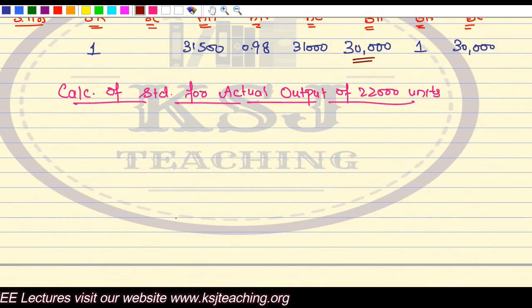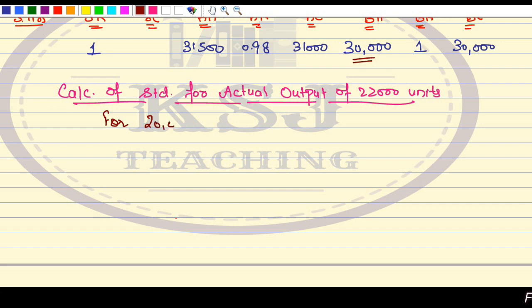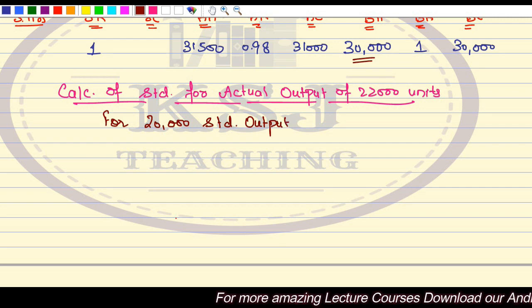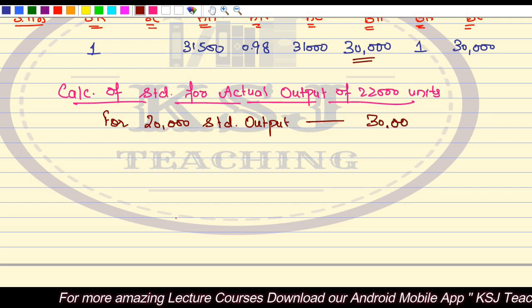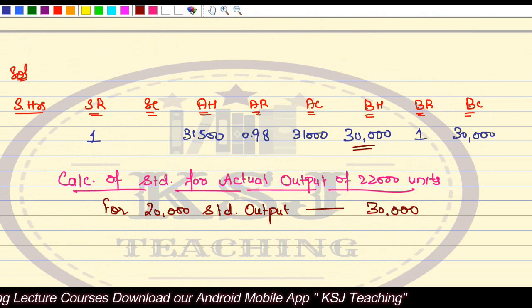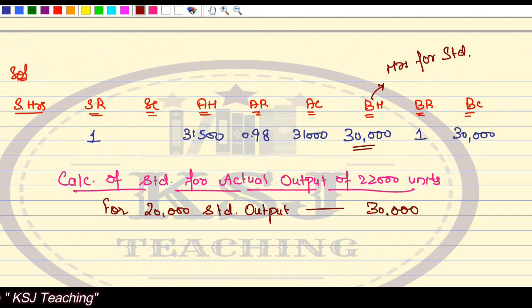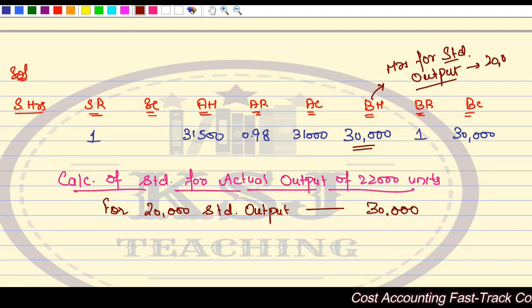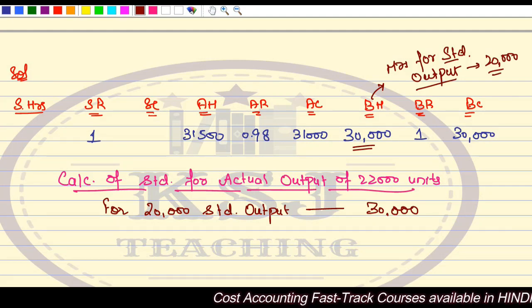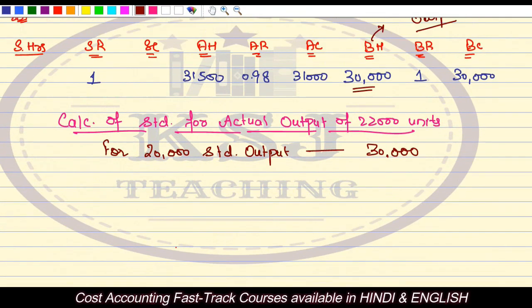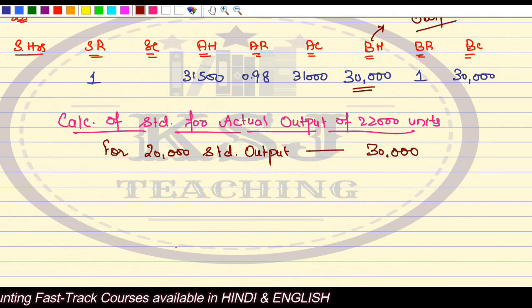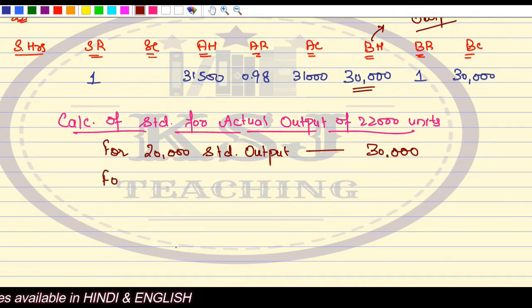Right? This is the standard. So for 20,000 standard output, what is your standard hours? 30,000. This budgeted hours reflect the hours for standard output, right? What is your standard output in this case? 20,000 units. So for 20,000 standard output, my budgeted hours or the standard hours are 30,000. So I need to calculate for actual output.